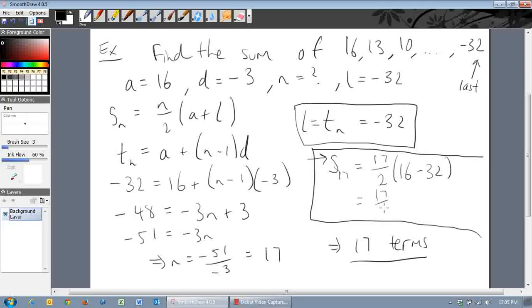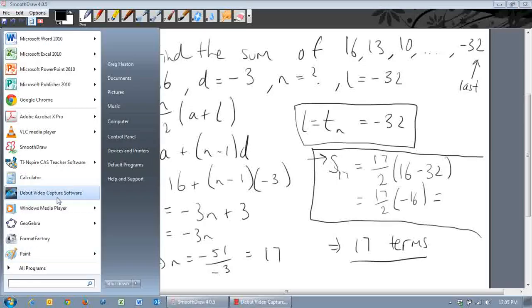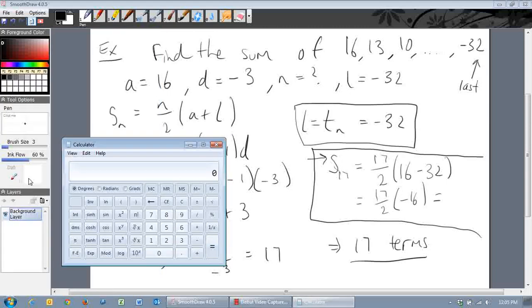That equals 17 over 2 times 16 minus 32, which is negative 16. I'll do it on the calculator. So that'll be 17 times negative 8.